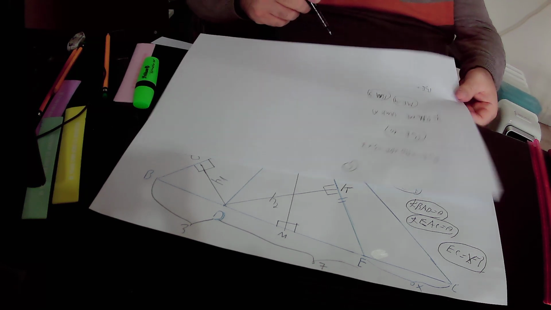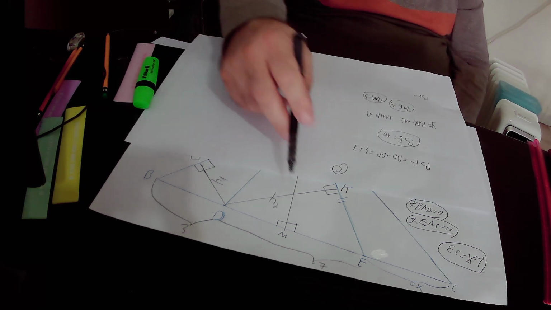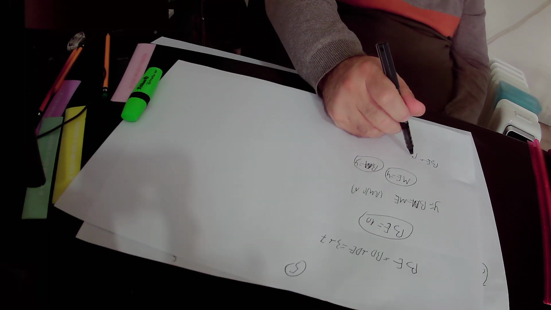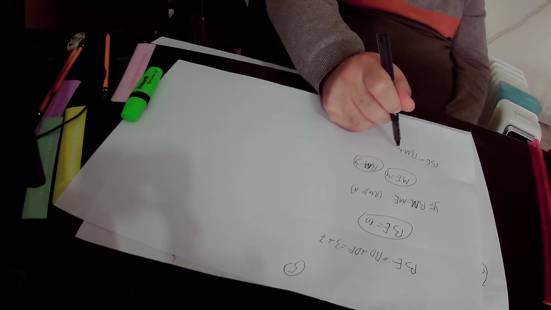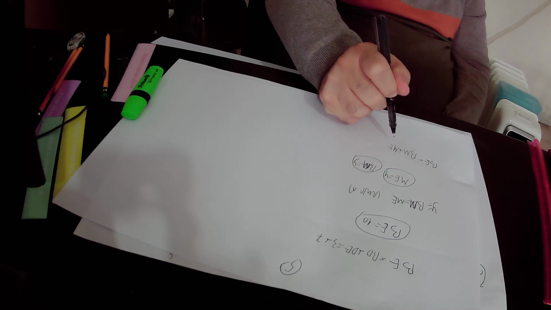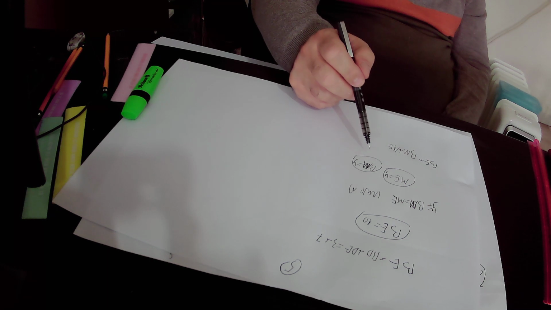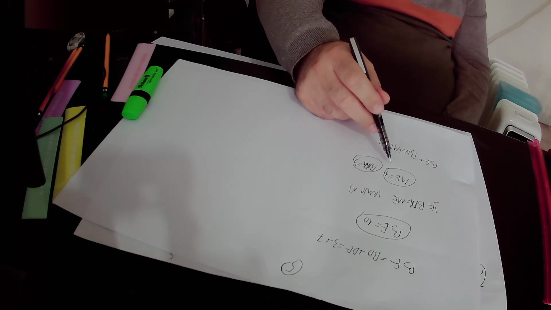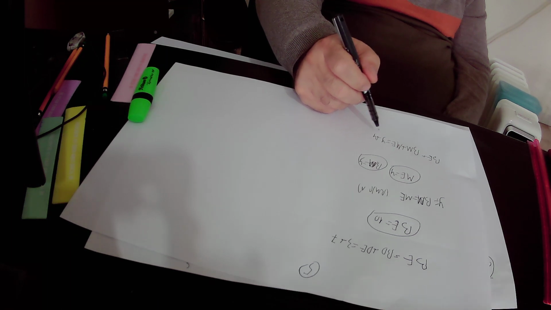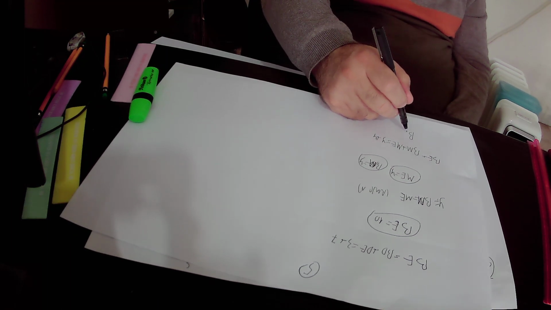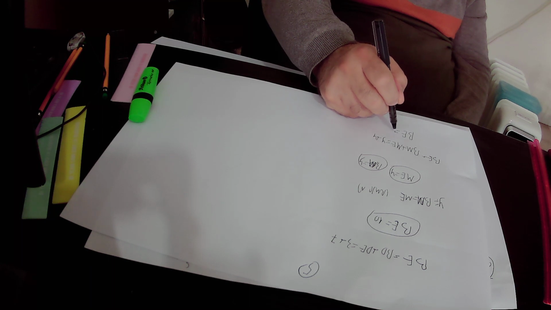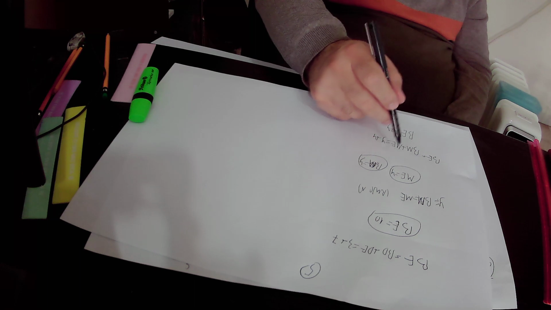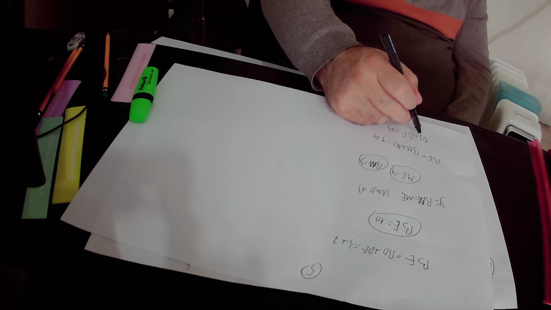So what is the value of BE? BE equals BM plus ME. But BM equals Y, according to our definition, and ME is also equal to Y. So from one side, BE equals Y plus Y, which is 2Y, and from the other side, we already found out that BE equals 10.